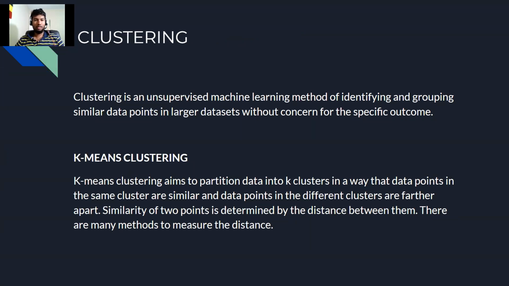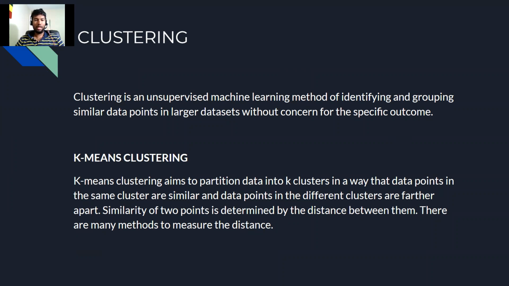Clustering is an unsupervised machine learning algorithm that identifies similar groups in the data and groups them according to their similarities, marked in data points. For this demonstration, I've mainly used k-means clustering.